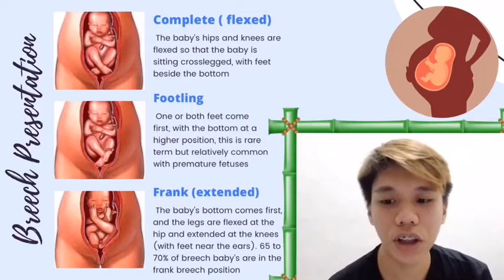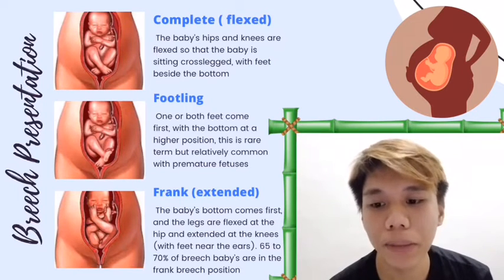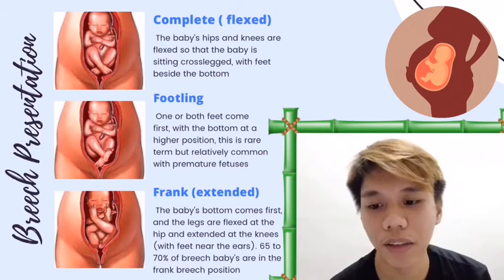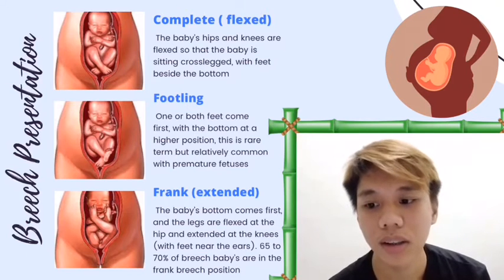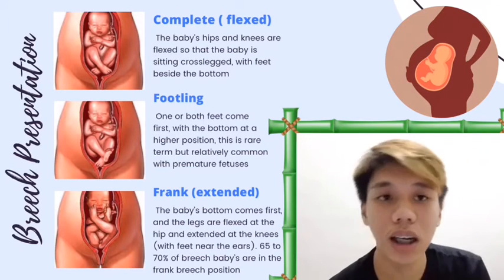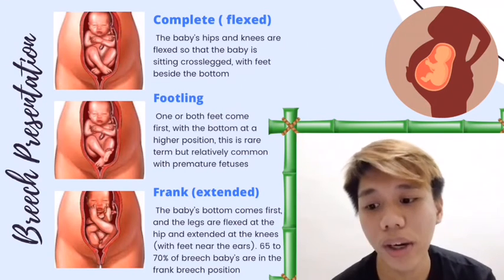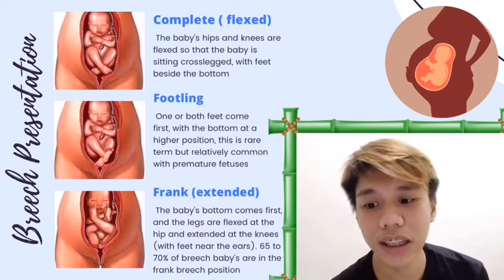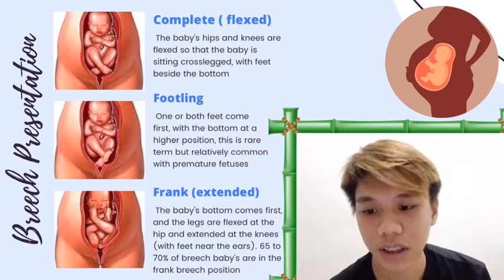Breech presentation types. So first is complete flexed. The baby's hips and knees are flexed so that the body is sitting cross-legged with feet beside the bottom. The second is footling, where one or both feet come first with the bottom at a higher position.